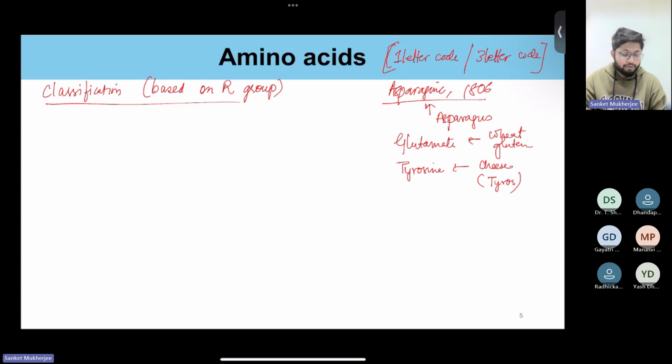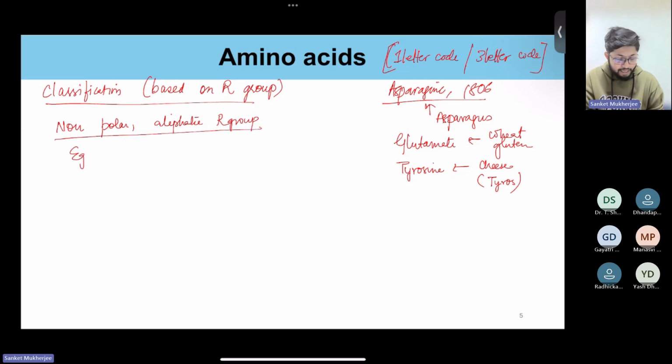Now, if we talk about the classification, there could be a non-polar aliphatic R group. Some examples would be alanine, valine, leucine, isoleucine, glycine, methionine, and proline.